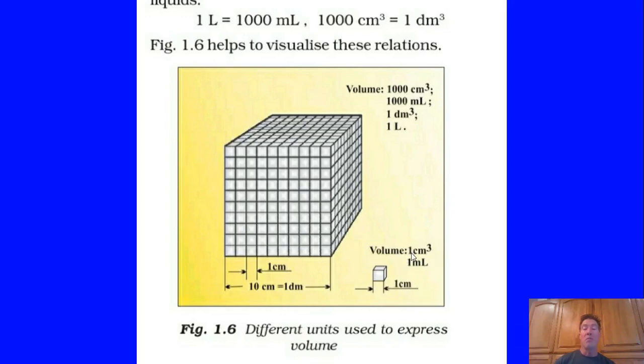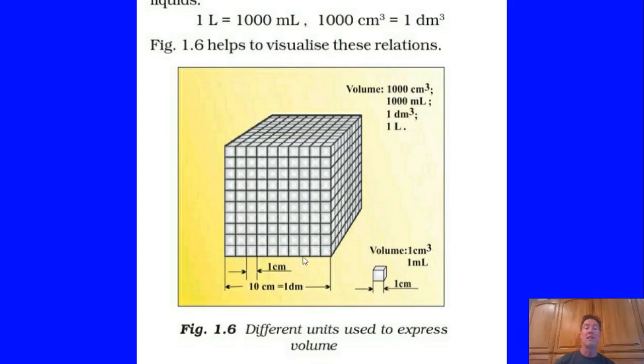But volume, these are equivalencies. 1 cubic centimeter is the same as 1 milliliter. And this is important if you ever have to convert from length, because this is a unit of length, and this is a unit of volume. And because they're equivalencies, you can use these to convert from length to volume.